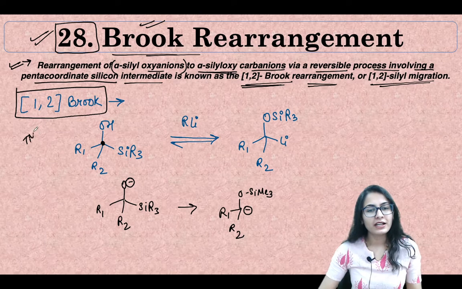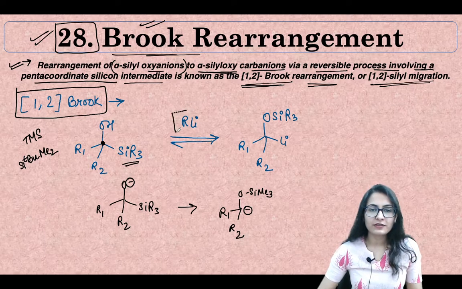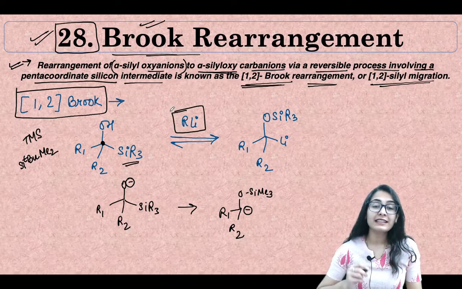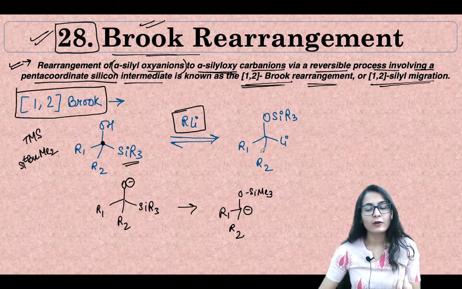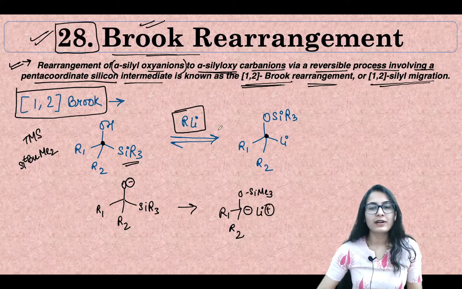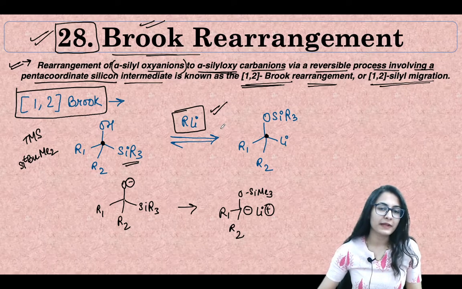It could be a trimethylsilyl or a tertiary butyl dimethylsilyl, something like that. So it must have three alkyl groups, and it is in the presence of a strong base. Alkyl lithiums are very strong bases, and along with that they also stabilize the carbanion like this. So that is why we are taking alkyl lithiums as our bases.